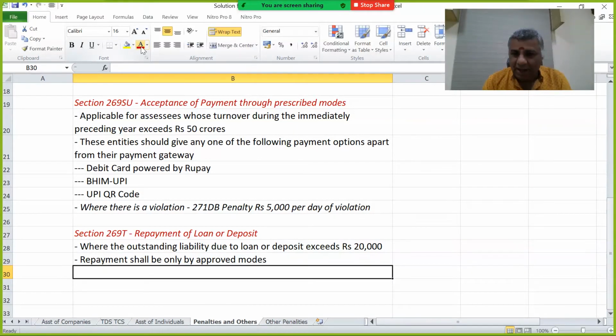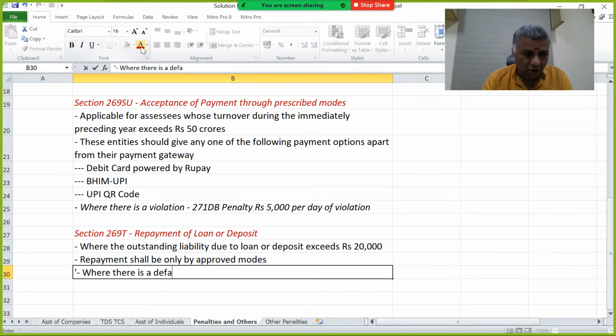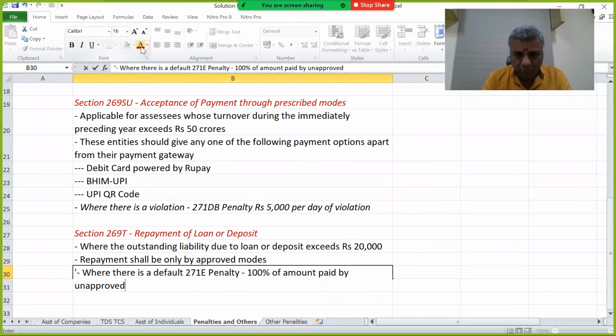modes. Remember, sir, the repayment is only 10,000, that is not the point. You might even repay 10,000, but what is outstanding? Outstanding is 50,000. Then you have to pay only by approved modes. Where there is a default, 271E, penalty is 100% of amount paid by unapproved modes.